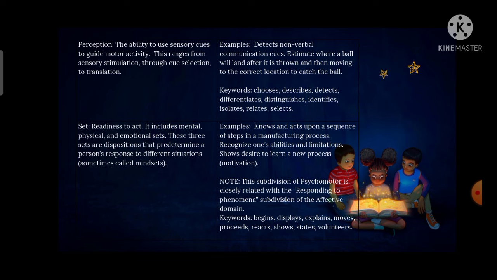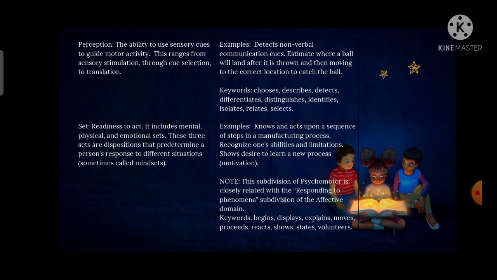And the next one is the set, which is the readiness to act. It includes mental, physical, and emotional sets. These 3 sets are dispositions that predetermine a person's response to different situations, sometimes called mindset.